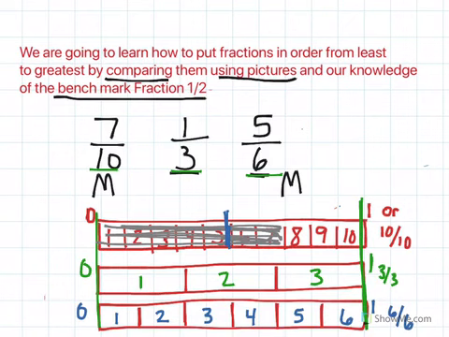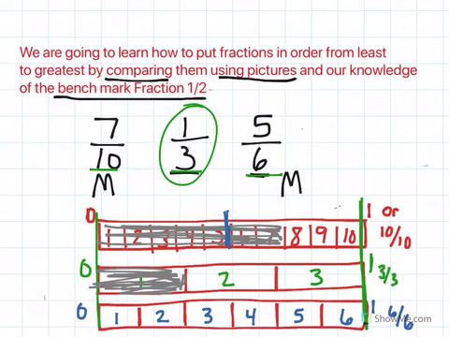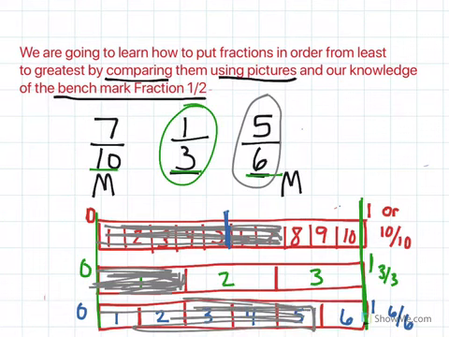Okay, so now let's look at the next fraction. I have 1/3. So here I have only 1/3, which is less than half, I can see now. And my last fraction is 5 out of 6. So if I color it up to here, 5 out of 6.